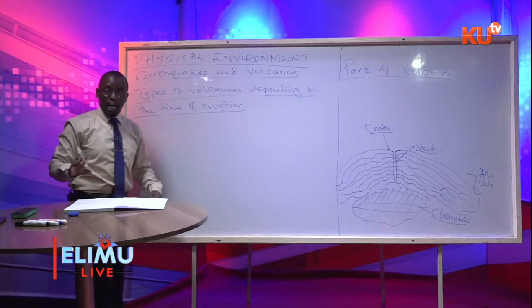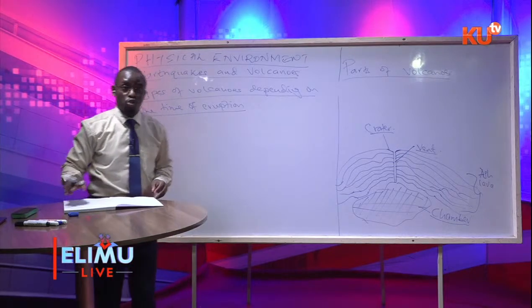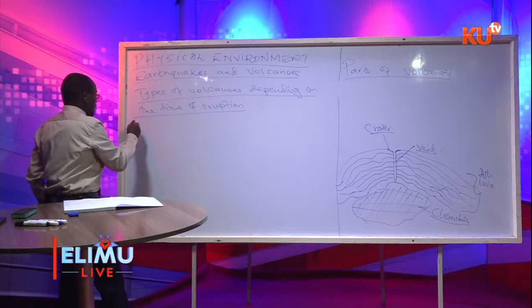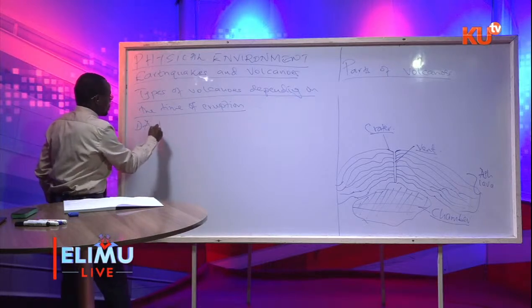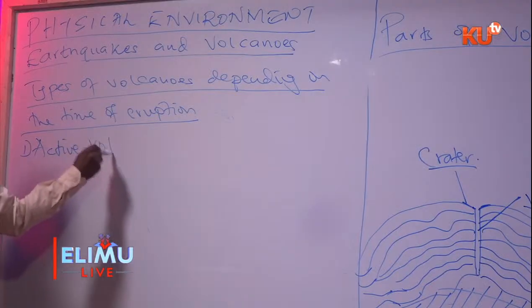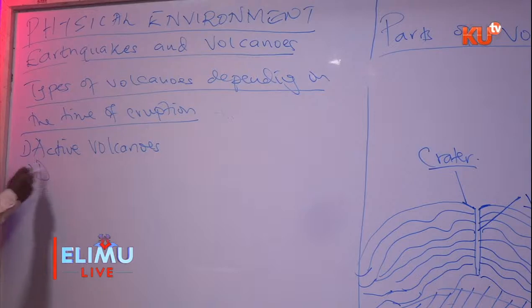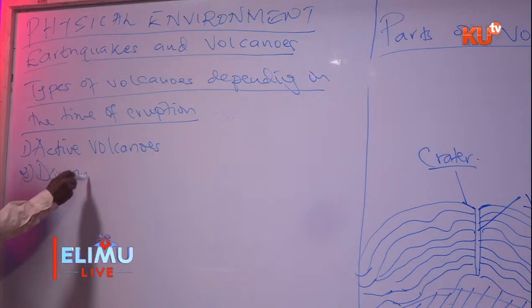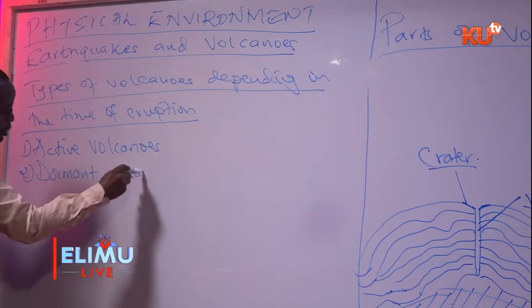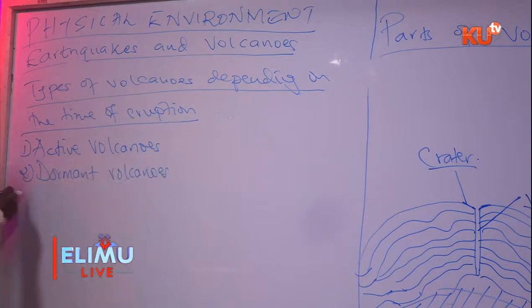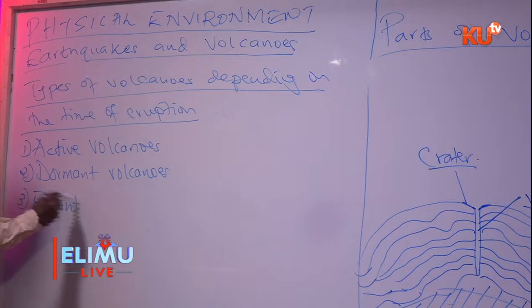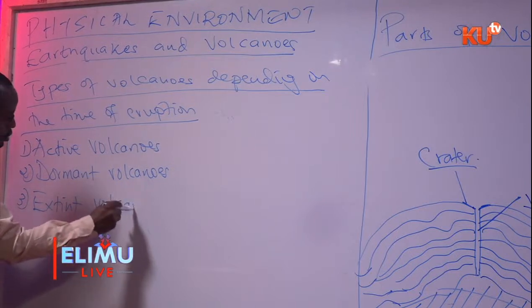We have three types of volcanoes depending on the time of eruption. That is number one, active volcanoes. Number two, dormant volcanoes, and then number three, extinct volcanoes.